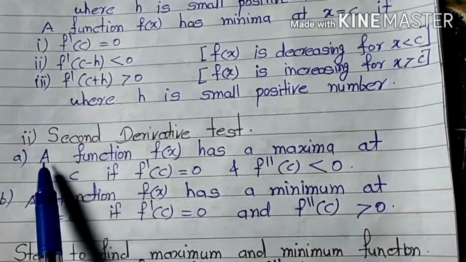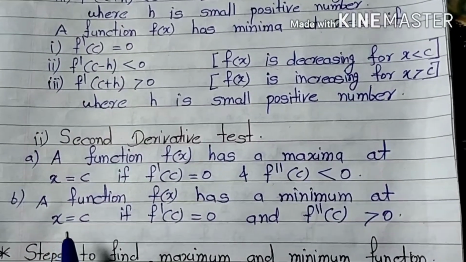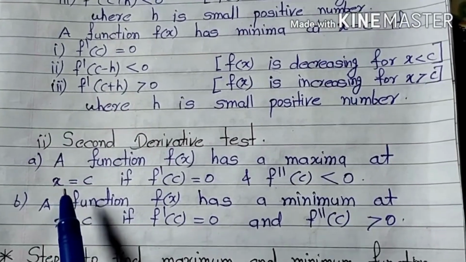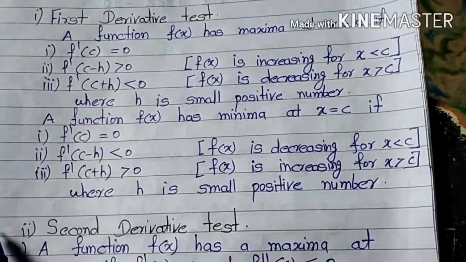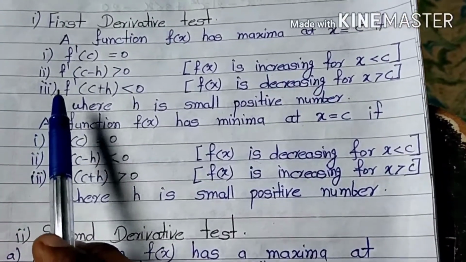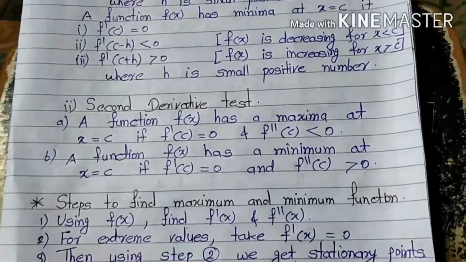We often use the second derivative test to find maximum and minimum function because it is very easy. If you want, you can take the first derivative test to find maximum and minimum function.